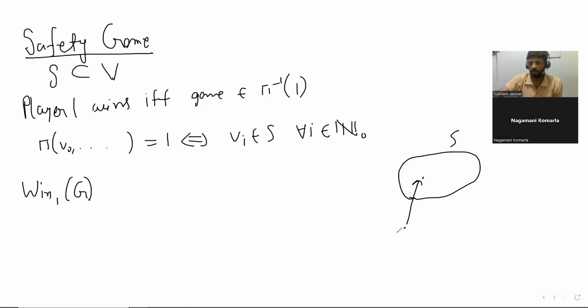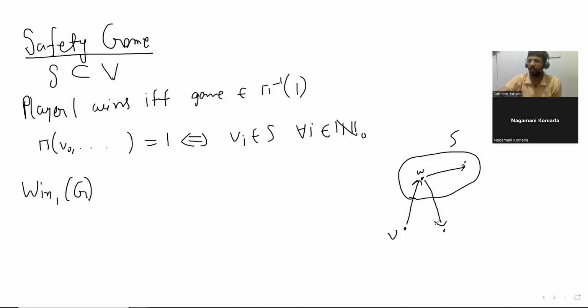Suppose that this point is in S, and this is outside. Let us say that this vertex V belongs to player 0. Player 0 doesn't want to go in S, but even then, let's say this is the only edge, so it goes in S, right? But if this vertex W again belongs to player 0, and if there is an edge that goes outside, then he will by all means go out again.